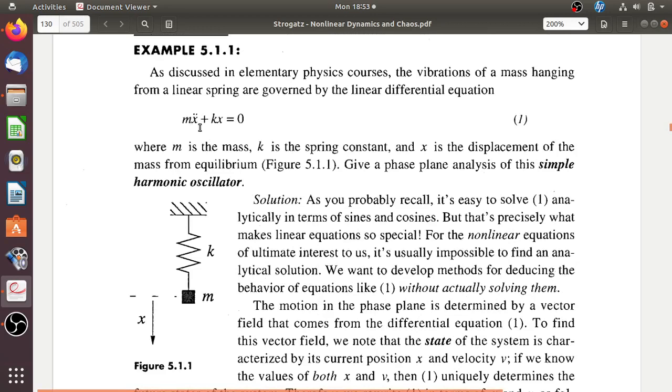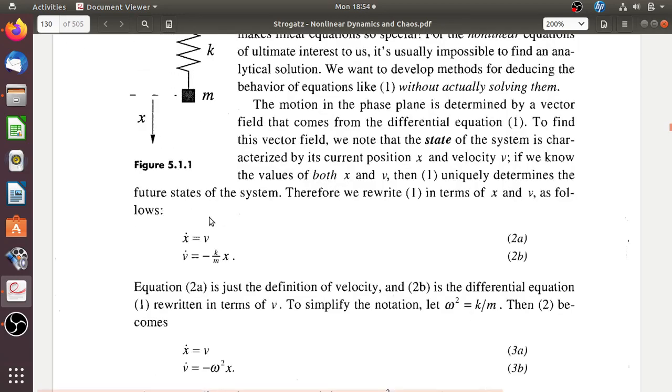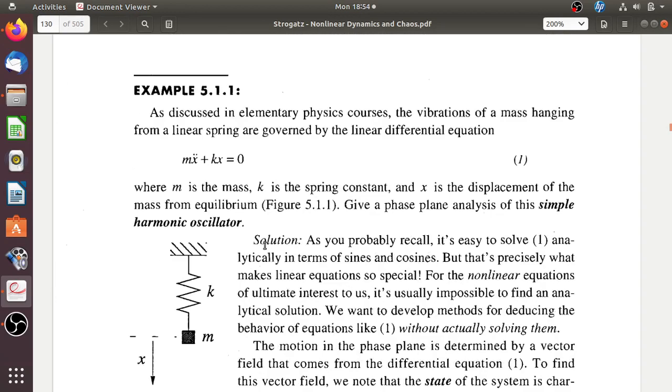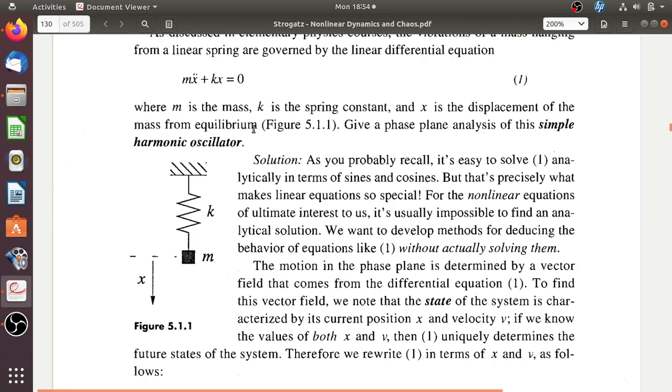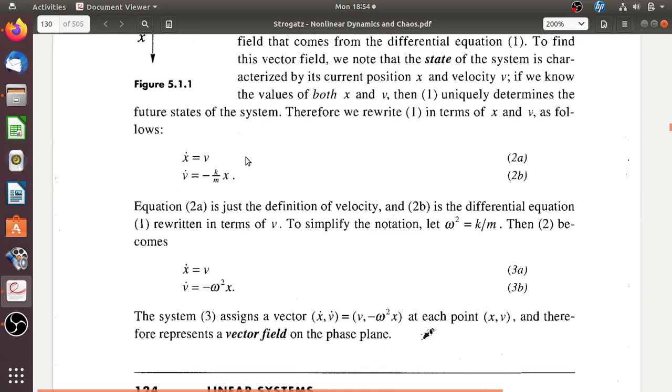In the place of x double dot, we could put v dot, and then we will get this equation. I have represented this equation in this form, which results in this equation.